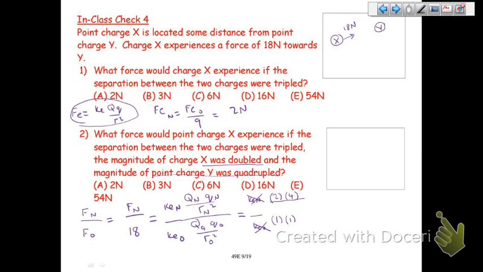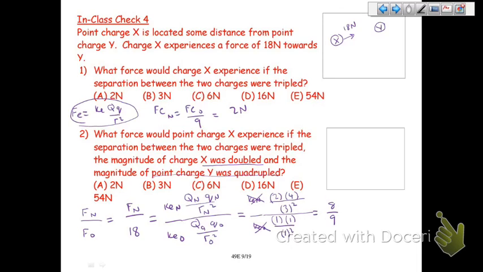Again, you could do 20 and 5 or 4 and 1 or whatever you like. And then this is tripled. So that's going to be 3 squared, and that's going to be 1 squared. So this works out to be 2 4s are 8 over 3 3s are 9.